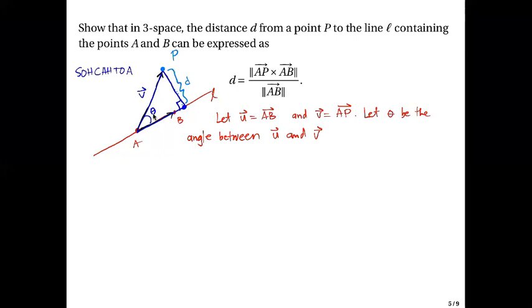So according to SOHCAHTOA, particularly this part here, the SOH, sine of theta is equal to the opposite over the norm of V. So the opposite side is D, and the hypotenuse is the norm of the vector V. Or we write this now as the distance D, equal to the norm of V times sine theta.